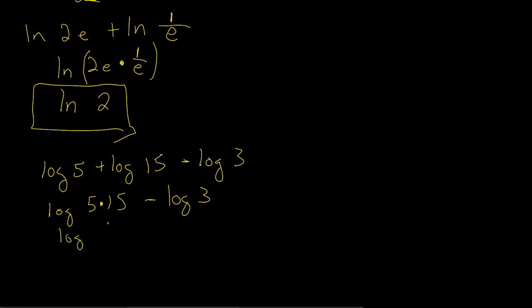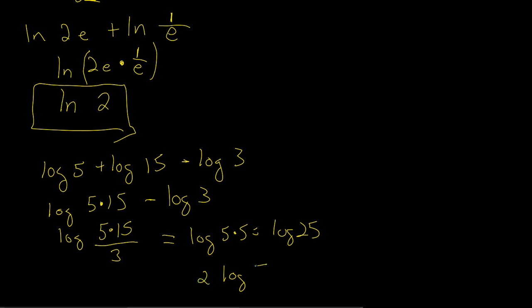So log of 5 times 15 divided by 3. And now this is all trapped in my log function. The 3 and the 15 cancel, giving me log of 5 times 5, or a log of 25. I think technically that's 5 squared. I think people would see it as this because this would be easier to look up in a table and multiply by 2. But when you want to collapse it down to one term, that's probably the better answer.